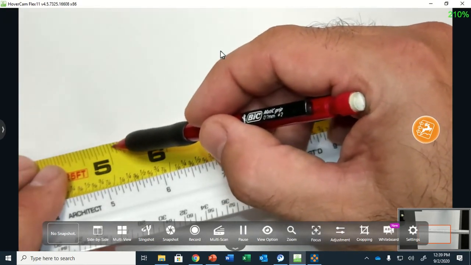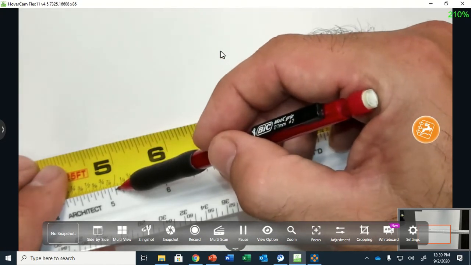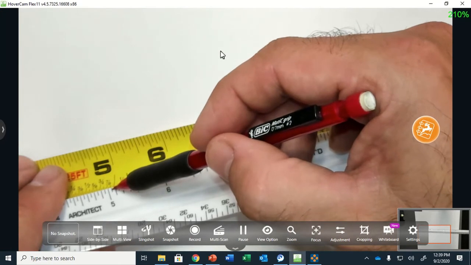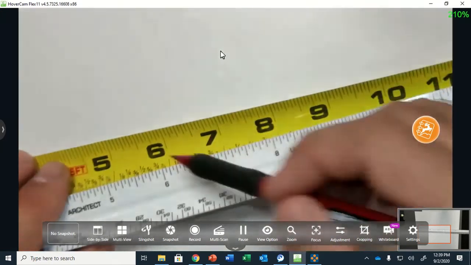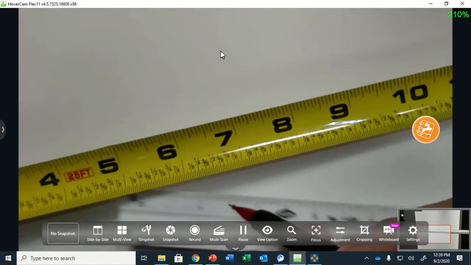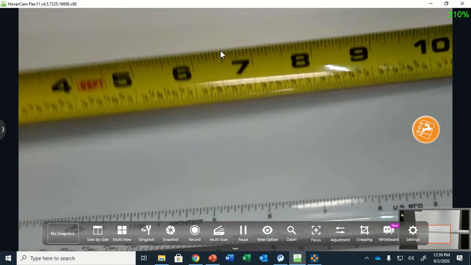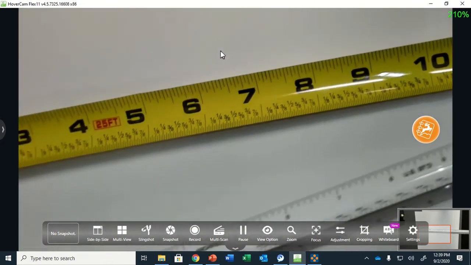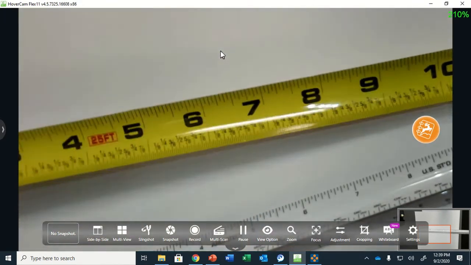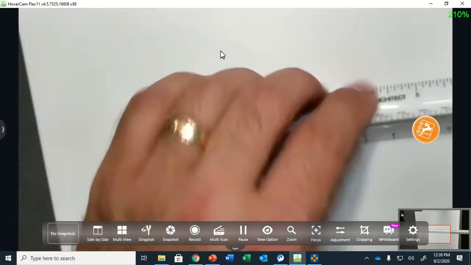This is an eighth, so that means that each one of these is a 16th. So again, if this is an eighth, half of an eighth is a 16th. So I just wanted you to compare that the 16 scale right here, as you can see, is normal inches. Okay? And just think of fractions, all right? It's a normal tape measure, it's inches, okay? So going back to that, okay?